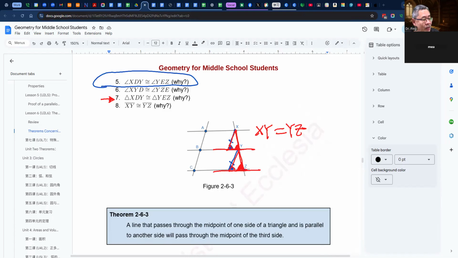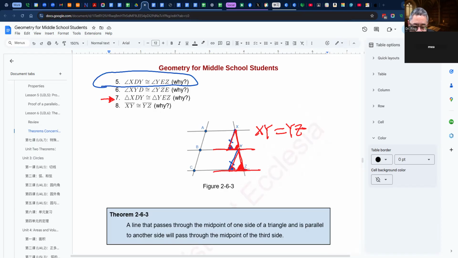Yeah, remember we have an acronym for this one. Well, it's not that. XY is a side of a triangle, and YZ is a side of the triangle.